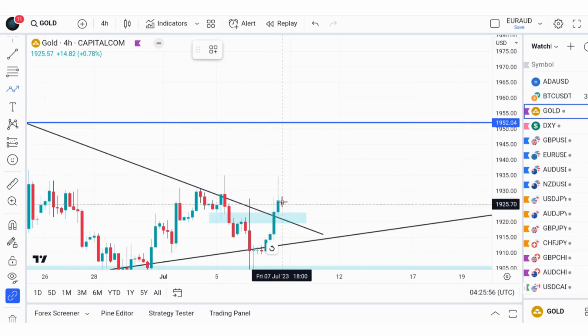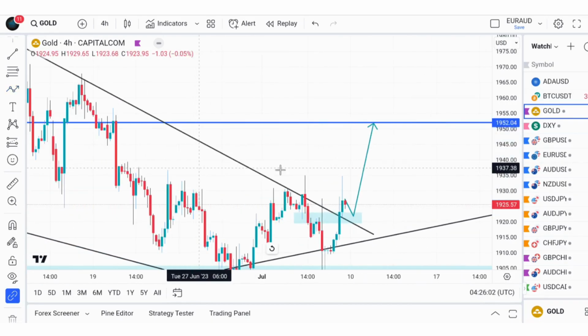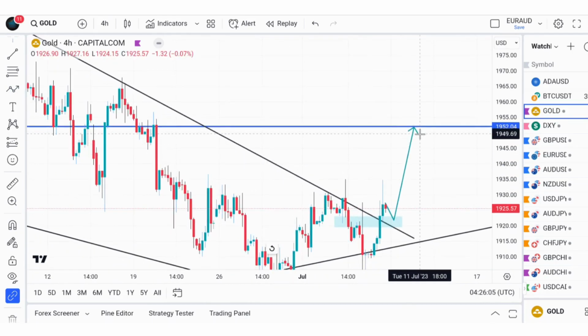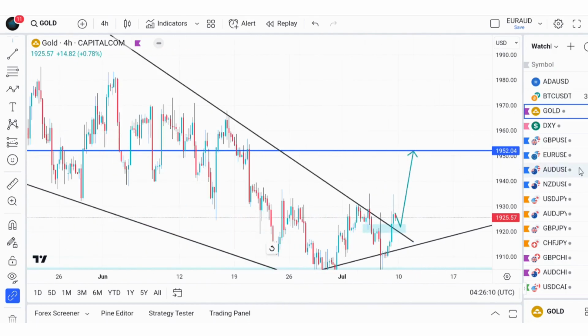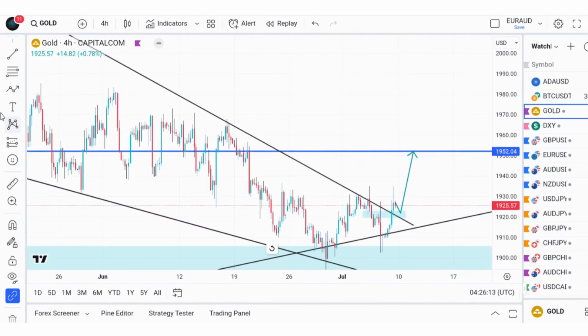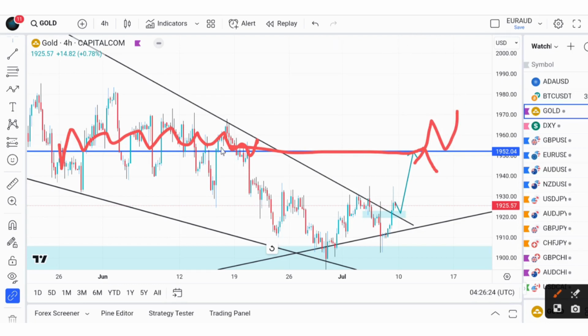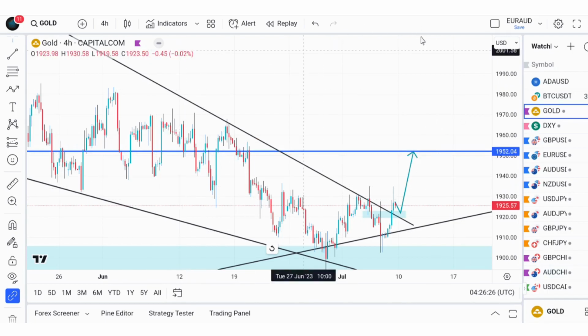So I'm looking forward to a gold rally to 1952. If we break this level, then two things might happen here, because if you check the market, we have a lot of range at this particular level. So we might see a decline here, or a break of this level back to 2028. So that's what I'm looking at on gold.